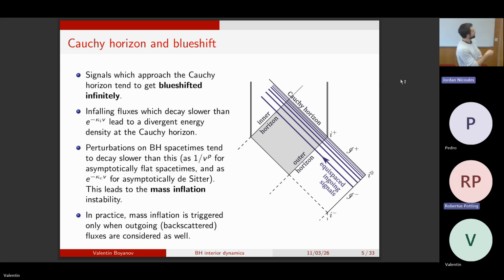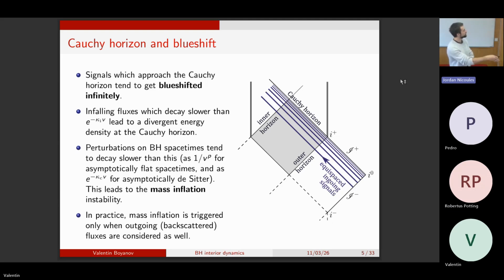And well, the instability of the inner horizon can be seen by the fact that it tends to form a Cauchy horizon, and perturbations tend to be blueshifted when one approaches the Cauchy horizon. Particularly if you think about sending some signals into the black hole from the external universe, let's say that you space them equally in time, then for an observer that's outside the black hole, nothing strange will happen.